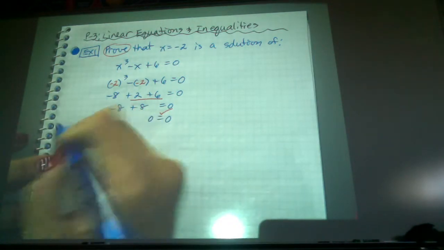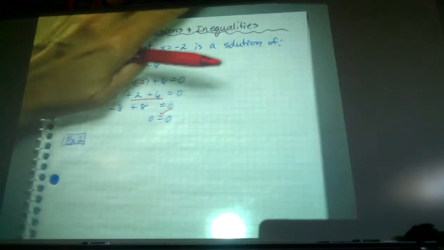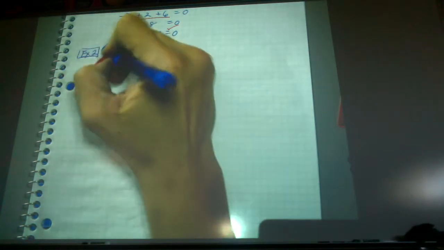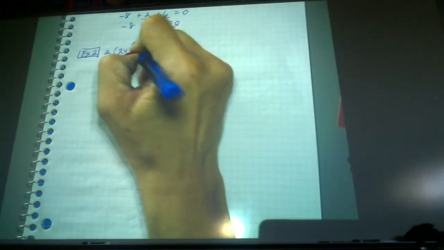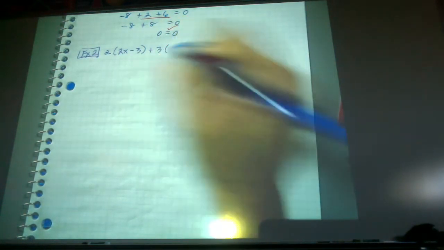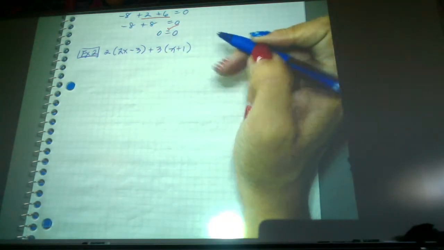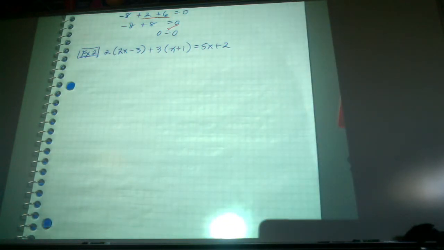So example 2. 2 parentheses 2x minus 3, end parentheses, plus 3 parentheses x plus 1, end parentheses, equals 5x plus 2.